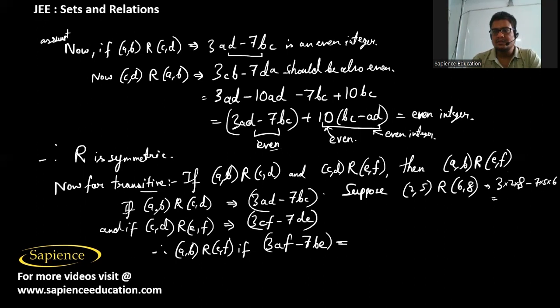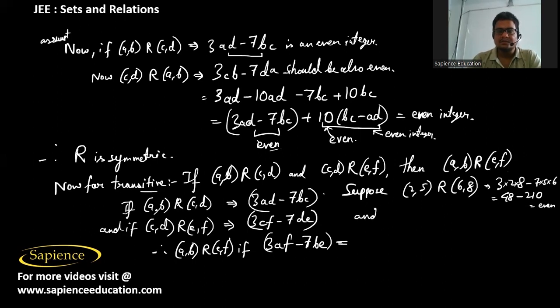So that will be 3 times 8 times 6 is 48, minus 7 times 5 times 6 is 210. So that will obviously be an even number, since even minus even will be an even number.